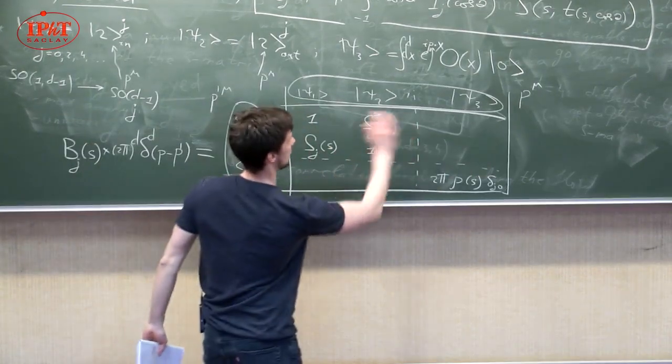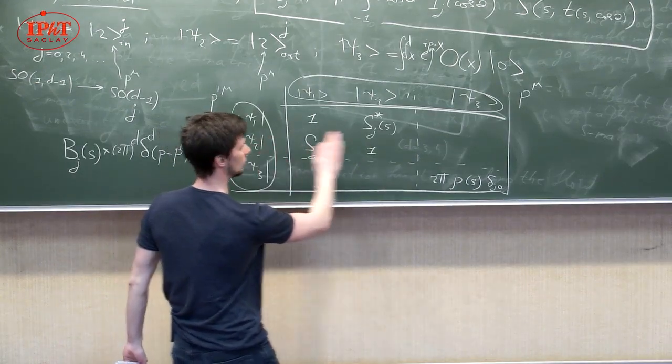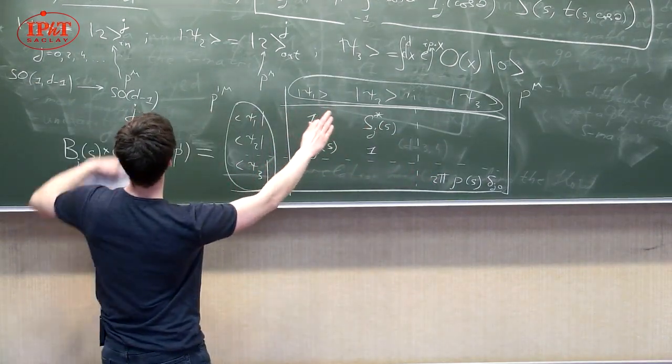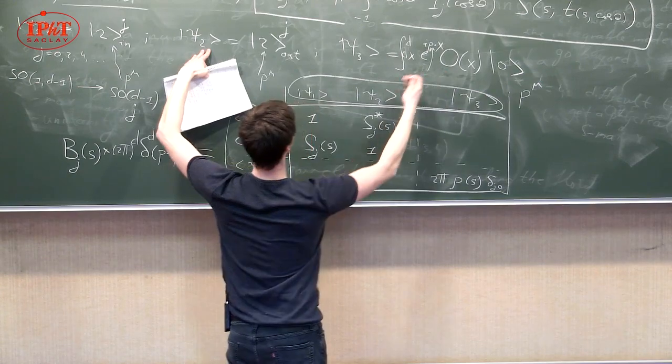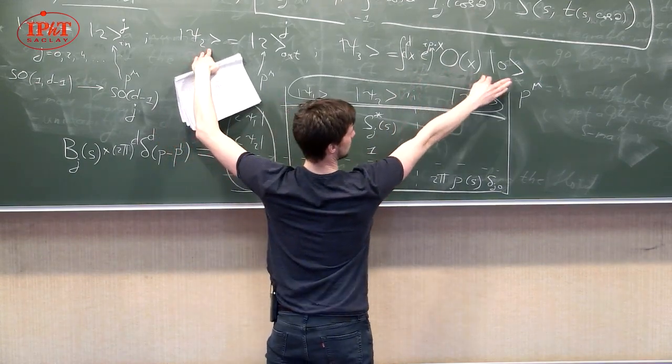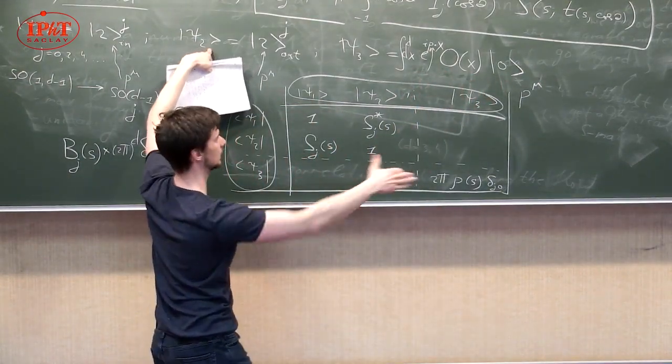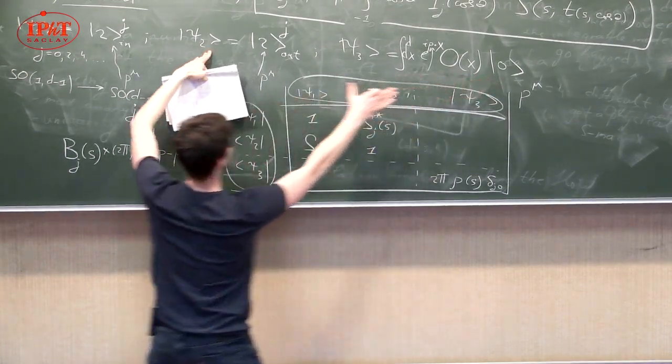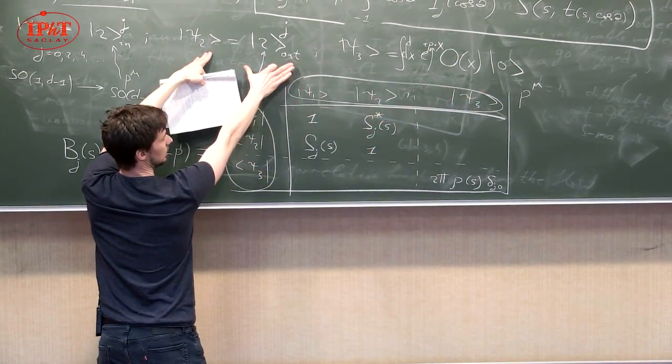Finally, the off-diagonal terms, psi 2 with psi 3. So operator O, when it acts on the vacuum, creates some very complicated state. Now I would like to project it onto the out two-particle state.